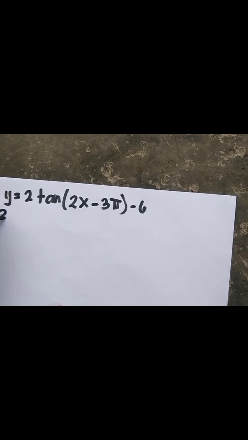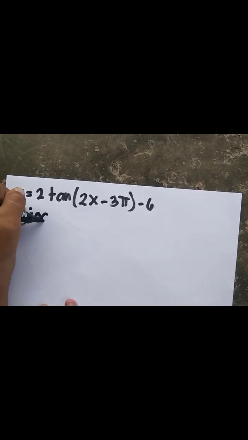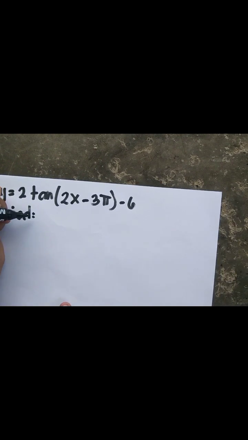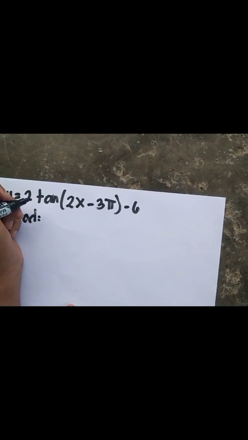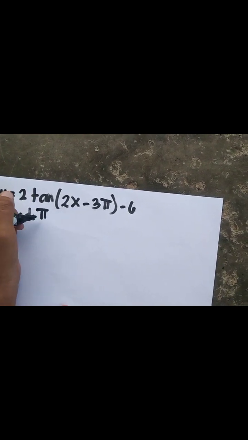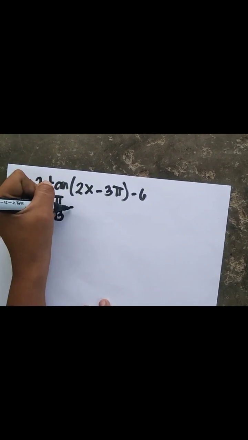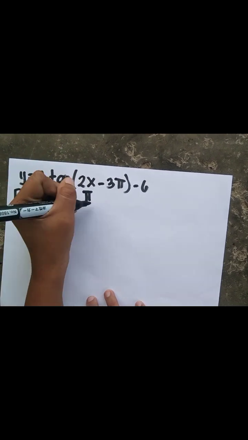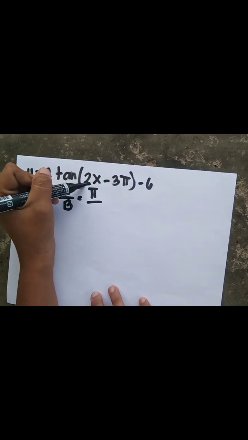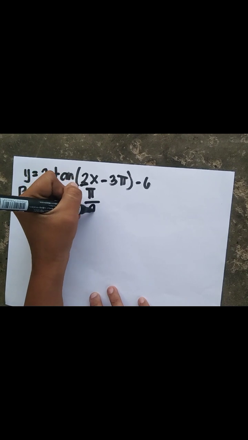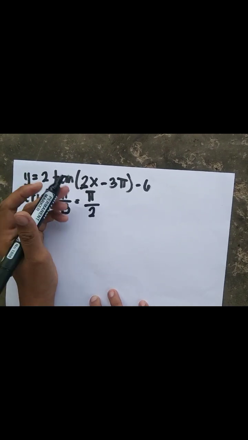Then the period has a given formula, which is pi over b. Copy pi, then our b here is 2. Copy. So this is our period.